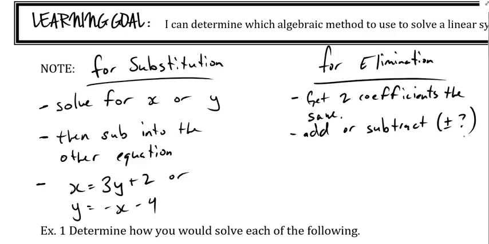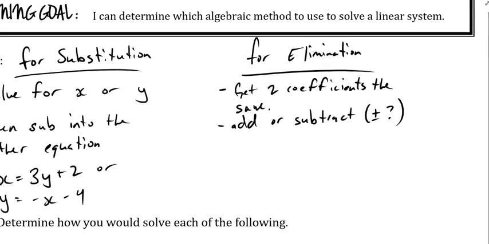Is it positive or negative? So for example, one example would be something like 2x plus y equals 5, 2x plus 3y equals 1.